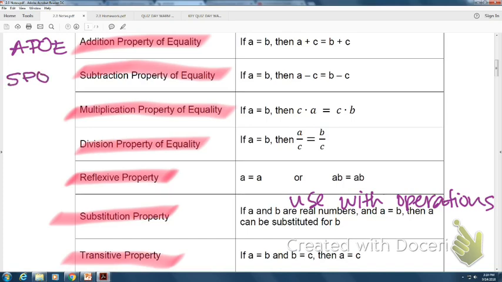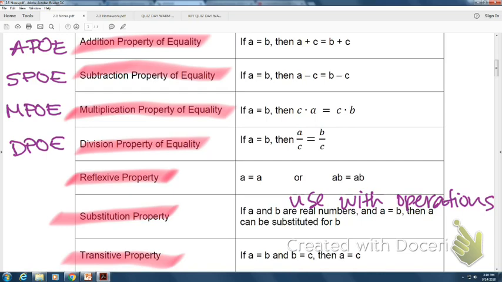SPO, subtraction property of equality. Awesome. And then step number 4, MPO or DPO, depending on what you wrote there. If you divided by 5/3 or you multiplied by 3/5, you could have different things there. So MPO and then there's DPO. Rather than writing what you literally did, we can list those properties.